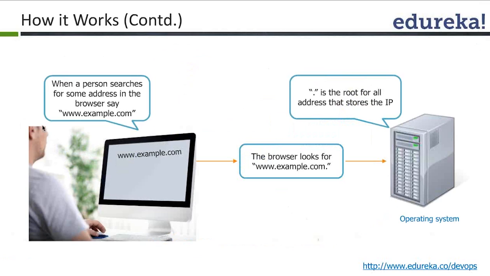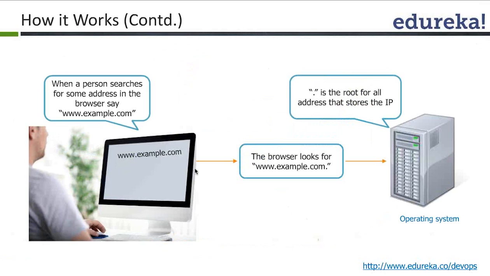Okay, any other questions that may be coming in? Okay, so now that we understand how this whole process works, what is the root server, what is the TLD server, and what is the authoritative server.